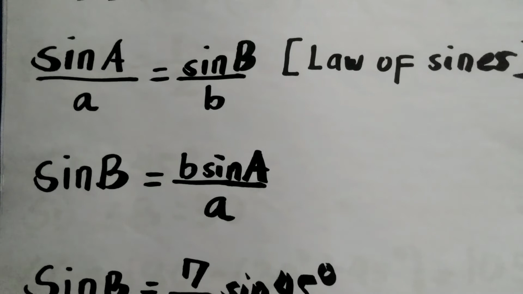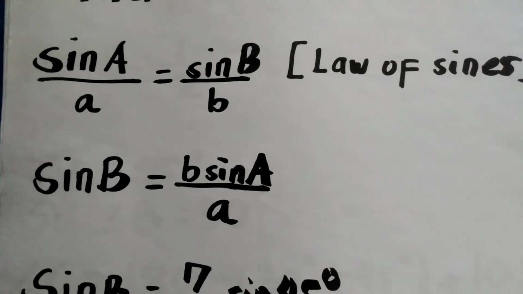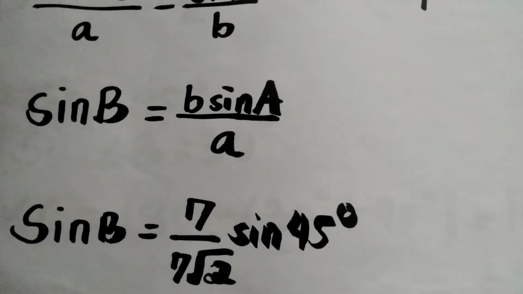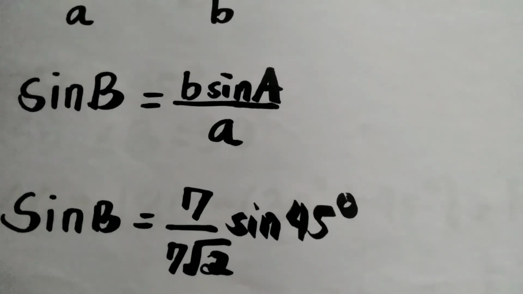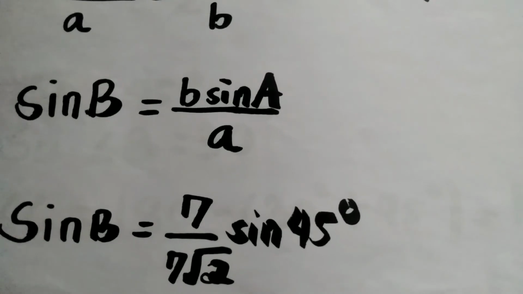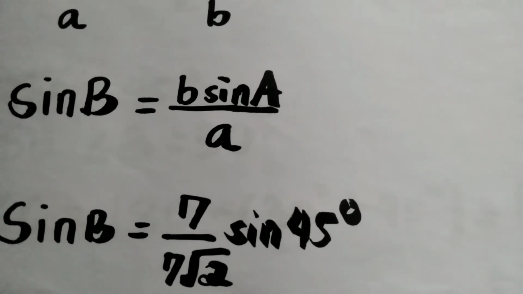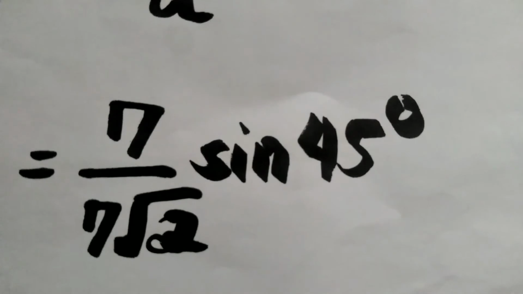So sine B equals side b times sine A over side a. The value of b is 7, as we sketched, then sine A is sine 45 degrees, over side a, which is 7 square root of 2. So we divide 7 by 7 square root of 2.